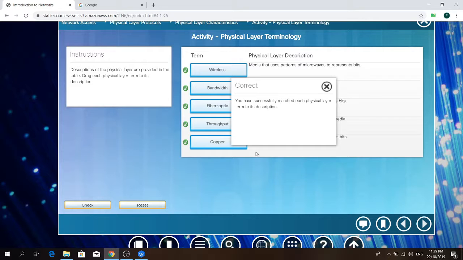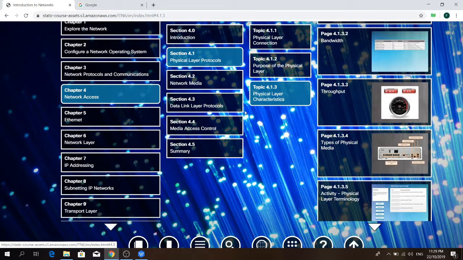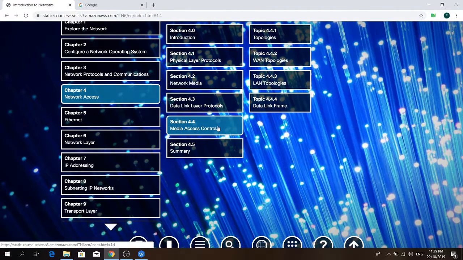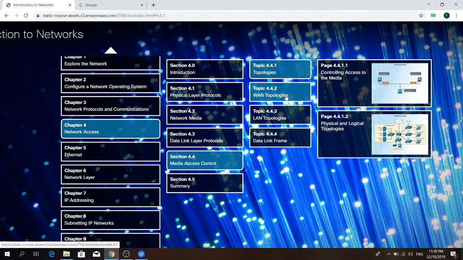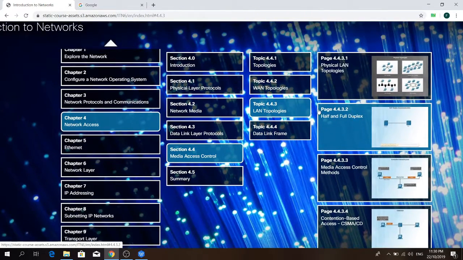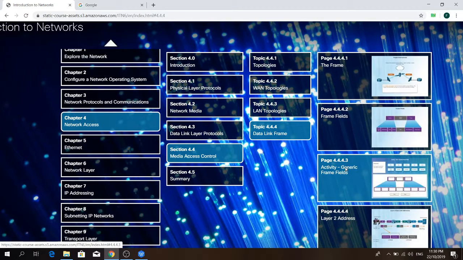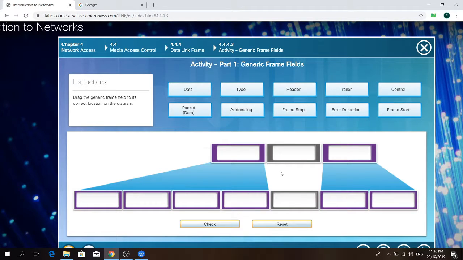Another activity. Instruction: drag the generic frame fields to their correct location on the diagram. Activity title, part 1, generic frame fields. So we will find the answers.